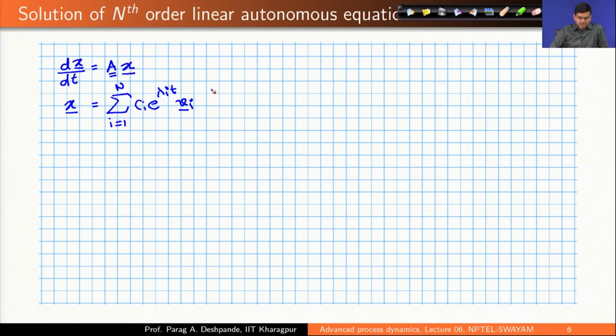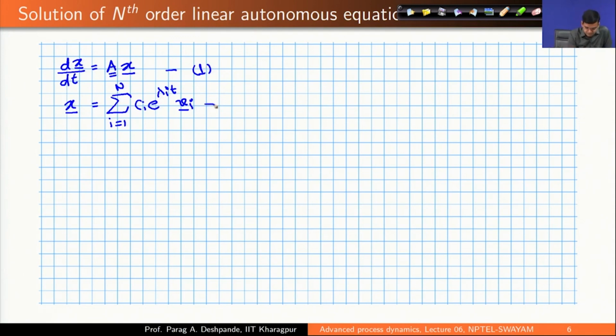Okay. Now, if x is the correct solution to this equation 1, then if I substitute x on the left hand side and I substitute x on the right hand side, then I should get identical expressions, right. So, we can test this.